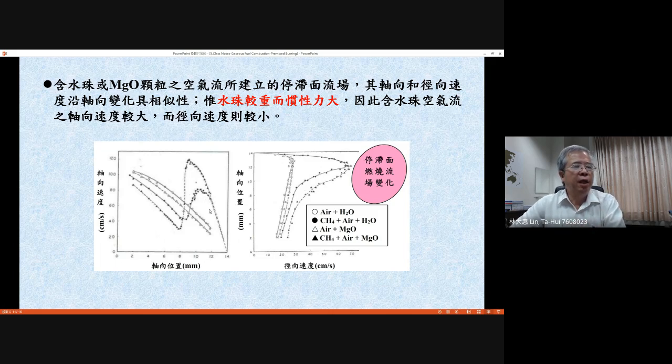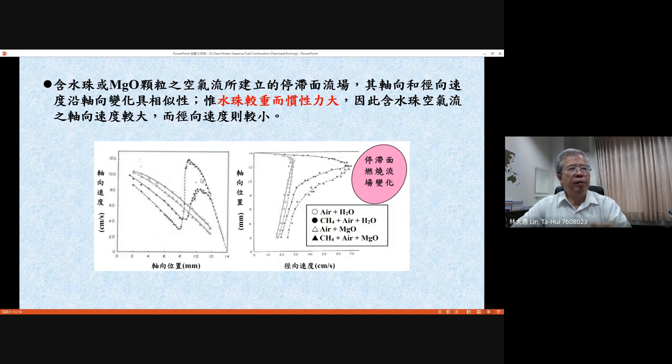One reason is the flame strength is reduced for this case because the water evaporation absorbs a certain amount of heat from the flame. Then flame speed becomes weaker, burning intensity becomes weaker. Then in these regions, they do not supply enough thermal energy output. The second is the water droplets are still large enough that they can maintain their inertia.